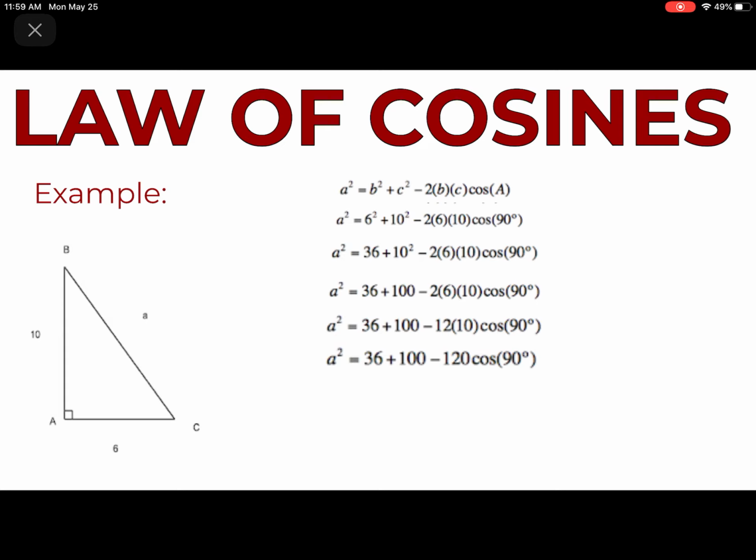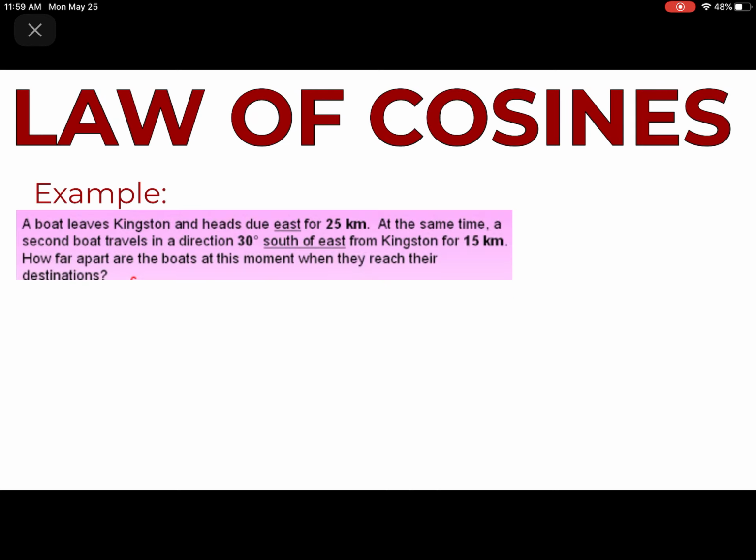A squared equals 36 plus 100 minus 120 cosine of 90. That's going to simplify to 36 plus 100 minus 120 times 0, which is going to be 0. So a squared equals 136 when I add my 100 plus 36. And finally, taking the square root of both sides, a equals 11.66. Okay?